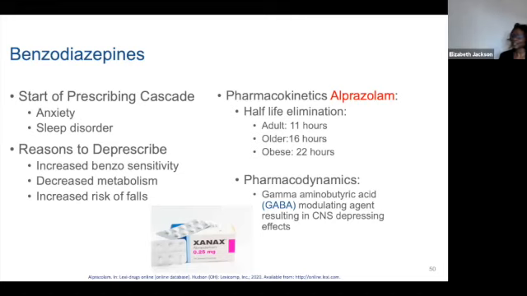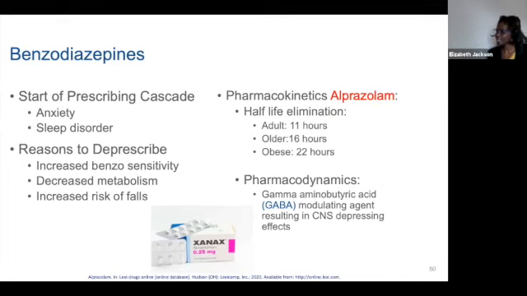This slide, I'm going to attempt to bring some of the concepts that we've been talking about, the kinetics and pharmacodynamics, all together. So bear with me as I try to bring these concepts together. You have a patient that has anxiety or a sleep disorder, and the prescriber prescribes alprazolam.